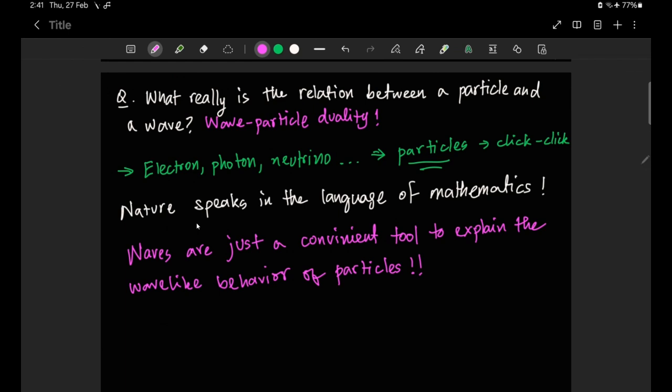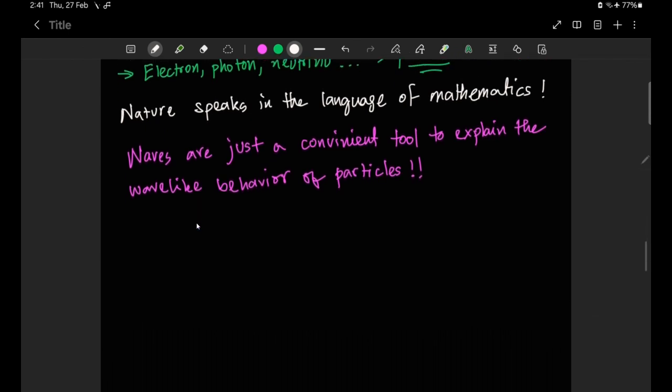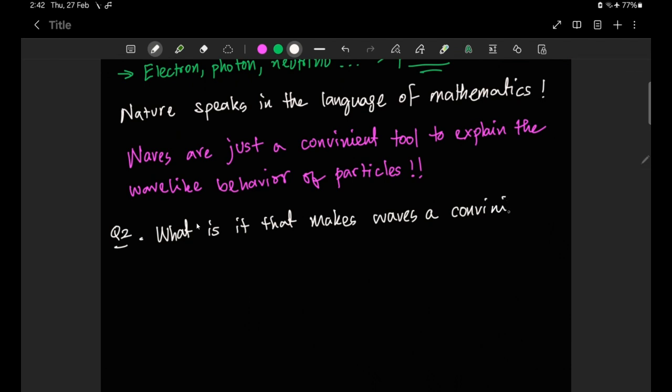So what makes the wave interpretation so convenient? So that's our second question of this video. What is it that makes waves a convenient tool in QM?